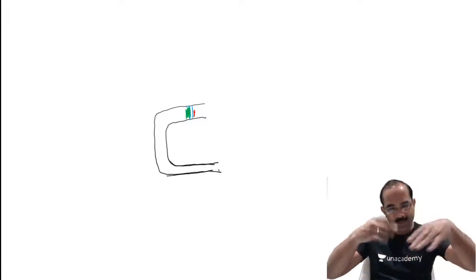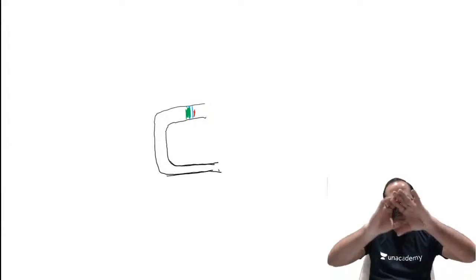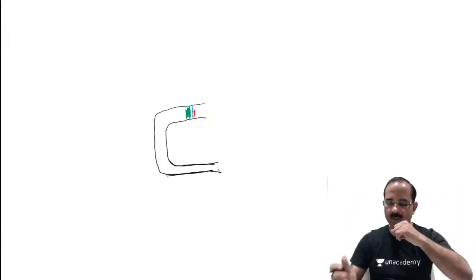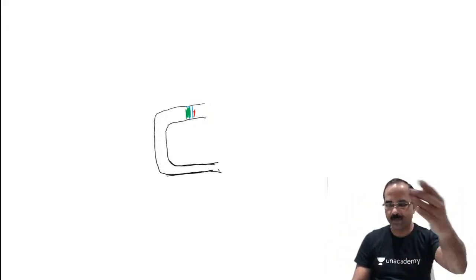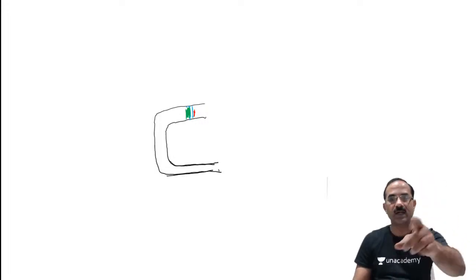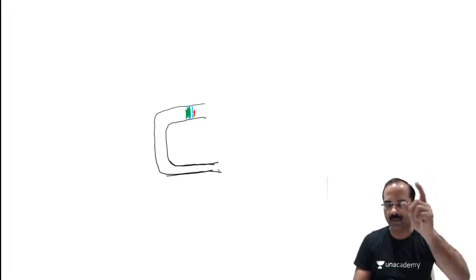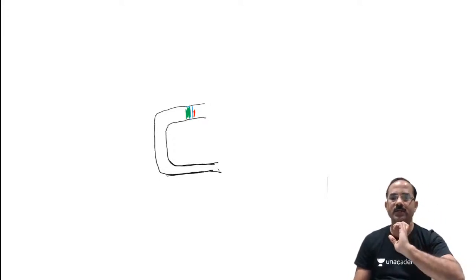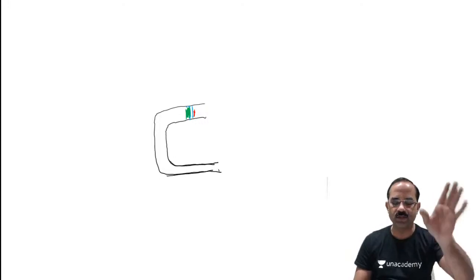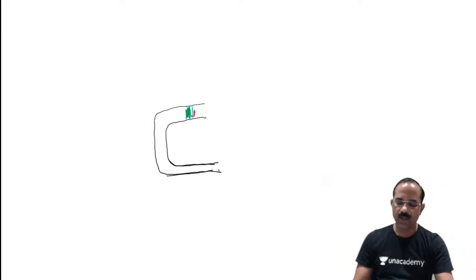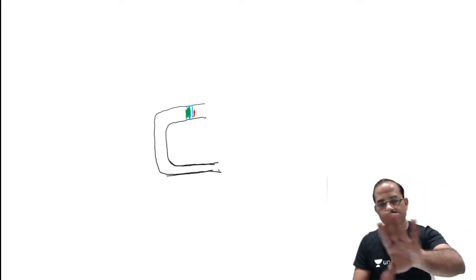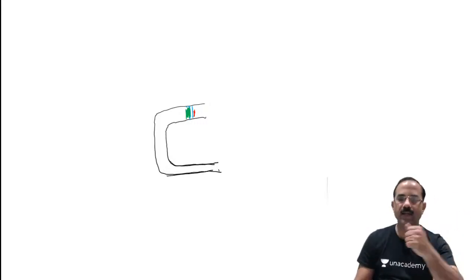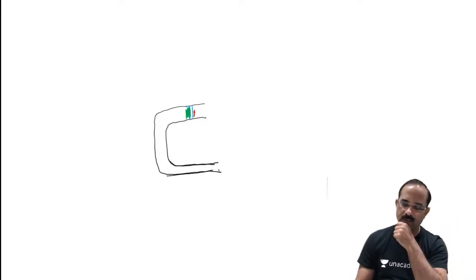So, what are the posterior relations of the first part of the duodenum? Posteriorly it's related to the gastroduodenal artery. This is the gastroduodenal, not the hepatic. This is the gastroduodenal artery, the portal vein and the bile duct. These are the posterior relations of the first part of the duodenum. The gastroduodenal artery is on the left side and the bile duct is on the right side.